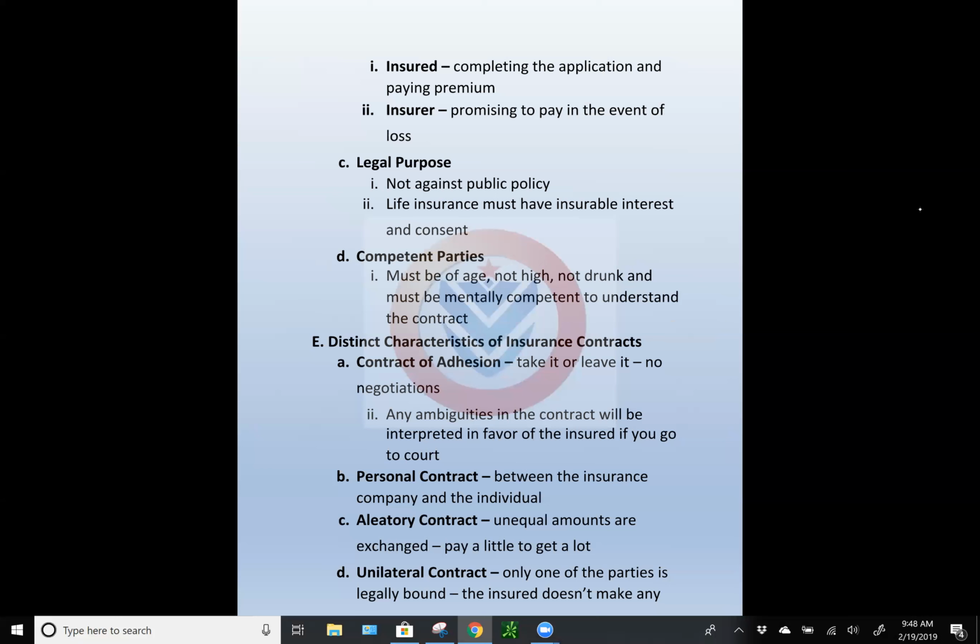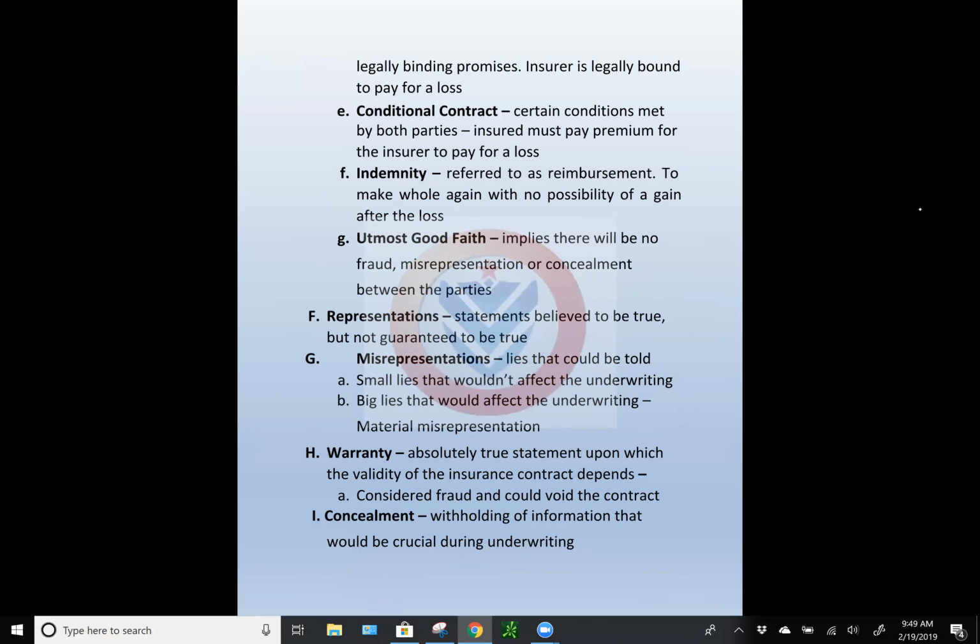Uni meaning one, only one of the parties is legally bound. As the insured, you don't make any legally binding promises. All you do is pay your premium every month. However, if you happen to suffer a loss, then the insurer is legally bound to pay for that loss. So unilateral, only one of the parties is legally bound.